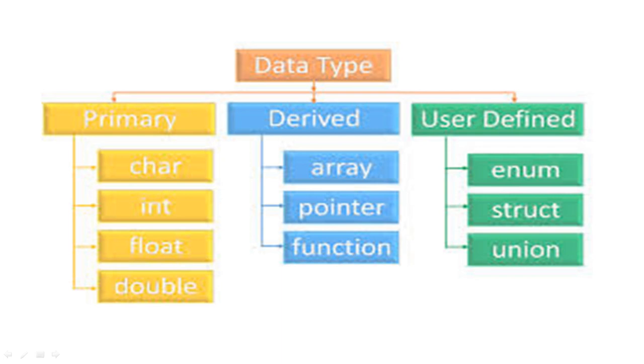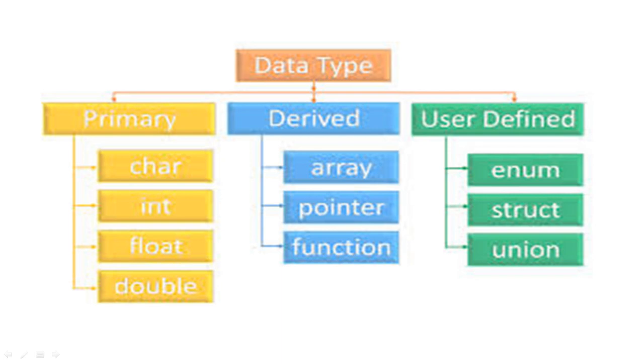Primary data types are char, int, float, double.